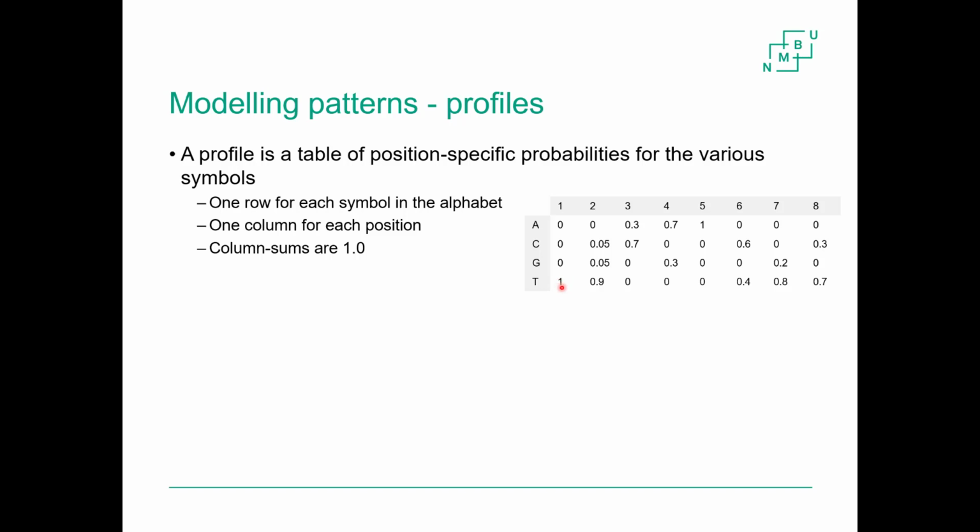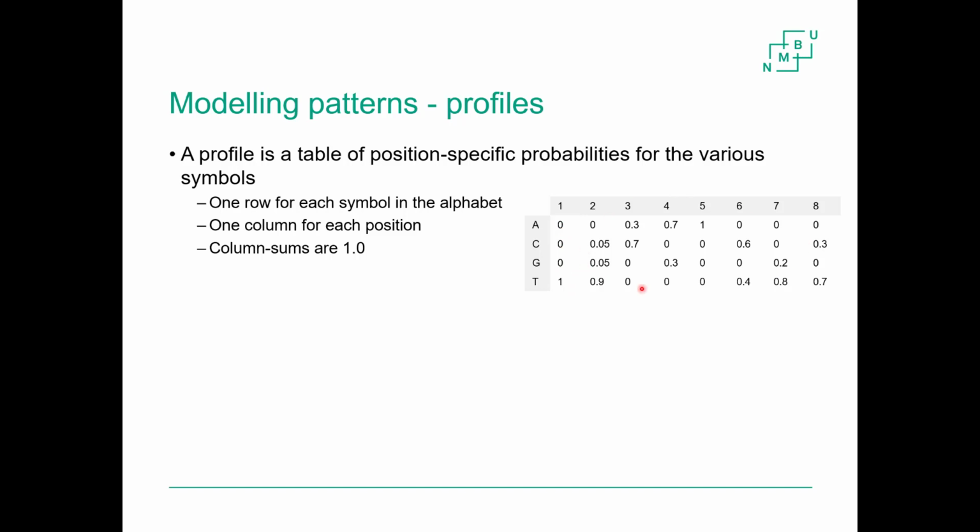And that's too strong a statement, because there could easily be sequences that we have not yet seen which match perfectly in the other 7 positions, but have an A or a C or a G here, right? So the probability should not be 0. It should be small, but not 0.